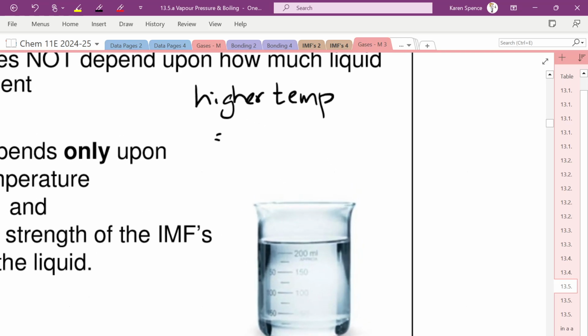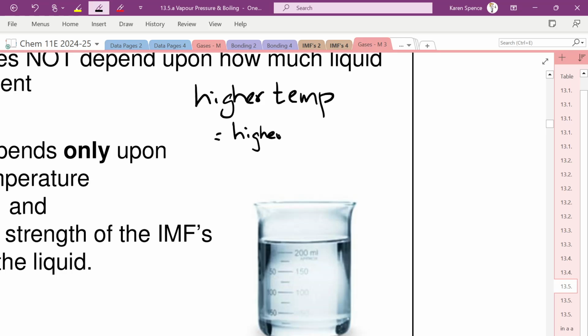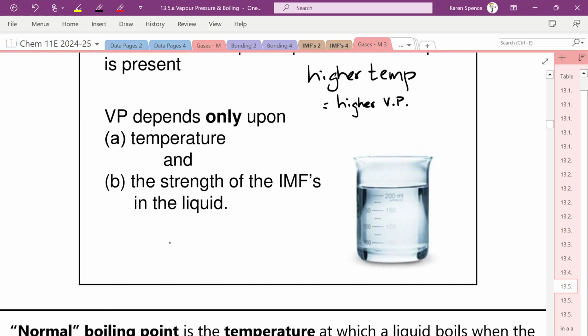Higher vapor pressure. If we have stronger IMFs, do we have a higher vapor pressure or a lower vapor pressure? Lower vapor pressure.